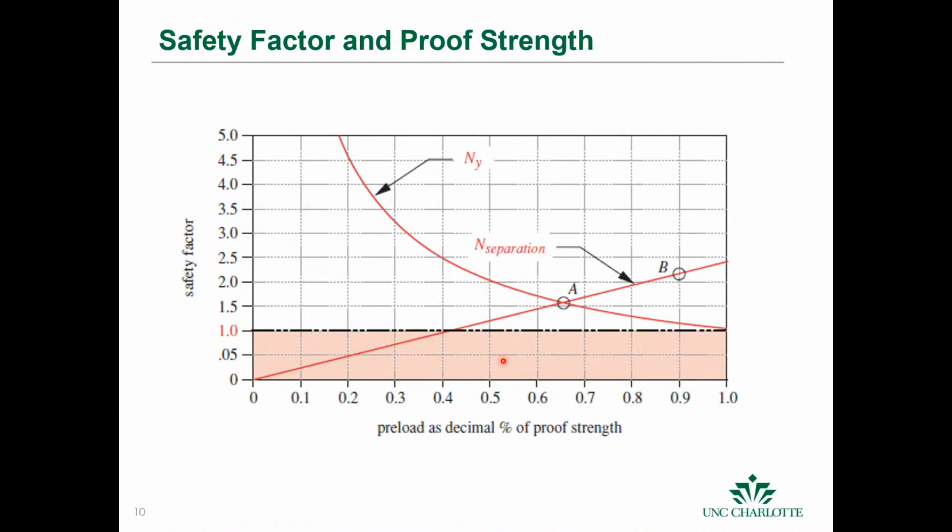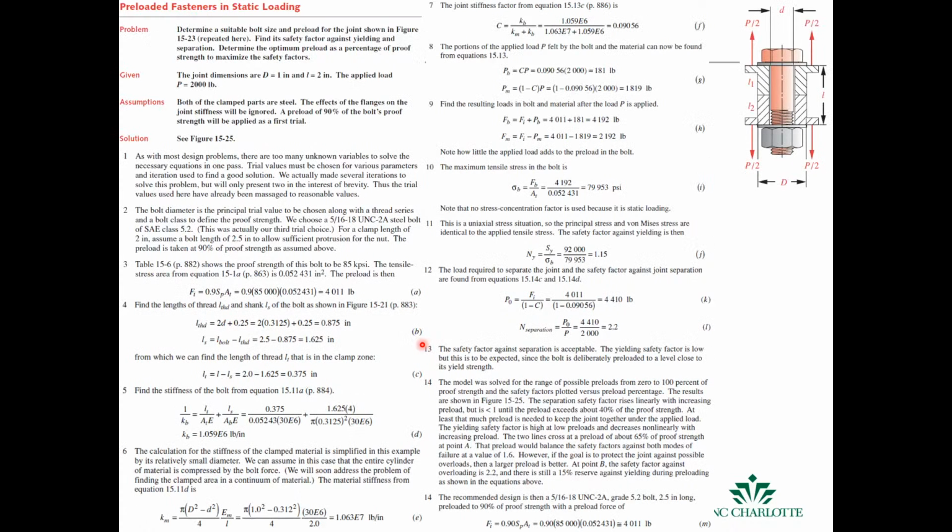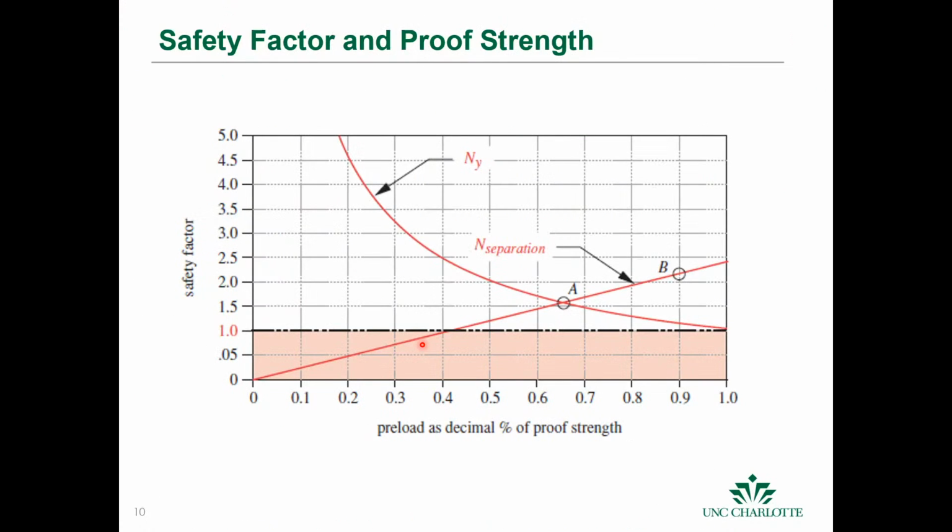What's interesting though is the safety factor for separation in terms of the preload proof strength. And so you can see as you increase the proof strength, in this example, this figure is from this example, if your preload is 40% of the proof strength, then your safety factor is about 1.